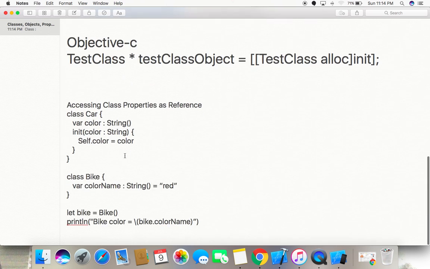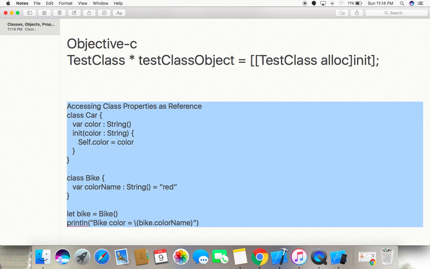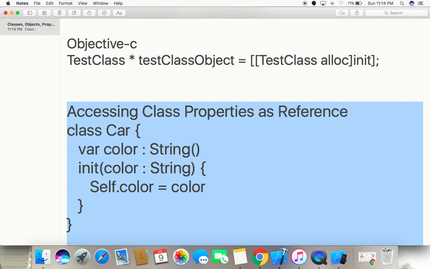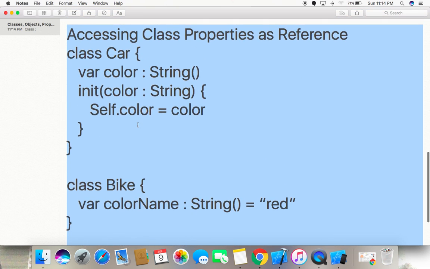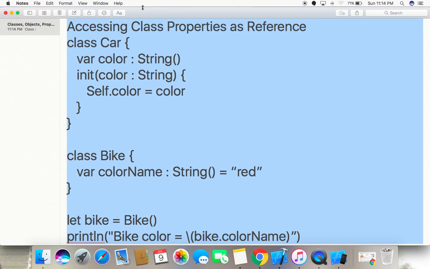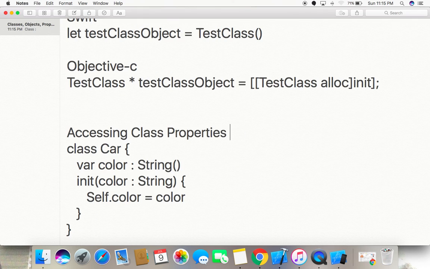We'll go through accessing the properties of an instance. Guys, how will we access a property of a class through its object?